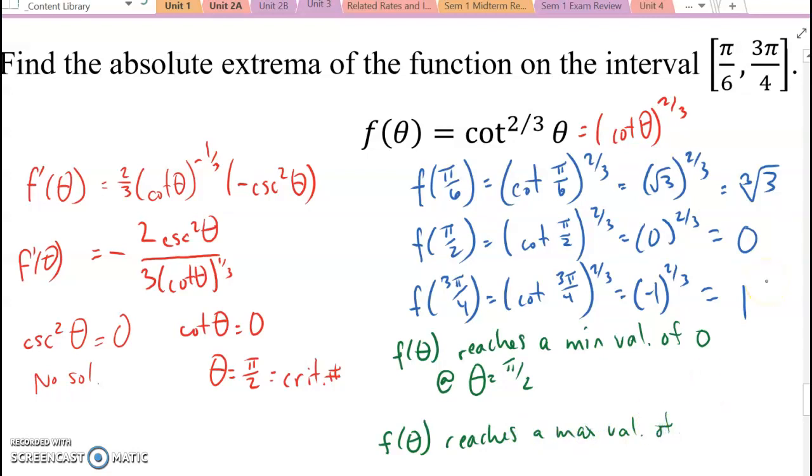Well, the cube root of 1 is 1, and the cube root of anything bigger than 1 is going to be bigger than 1. So since 3 is bigger than 1, the cube root of 3 is bigger than the cube root of 1. So the maximum value is the cube root of 3, and where does that happen? That happens when we've got an input value, a theta value, of pi over 6.